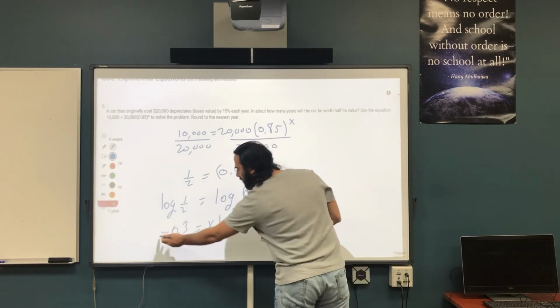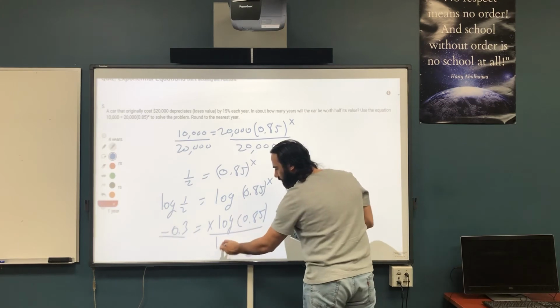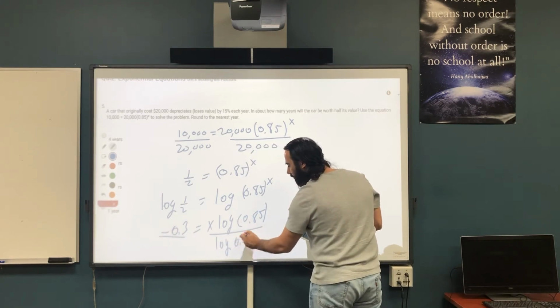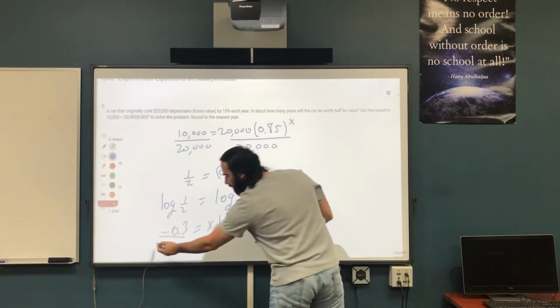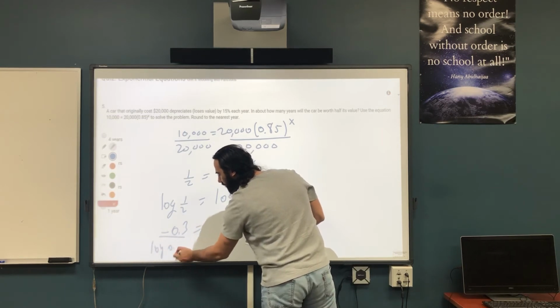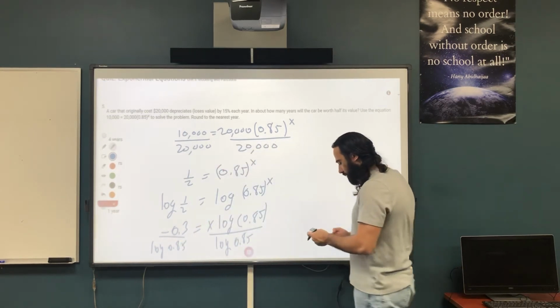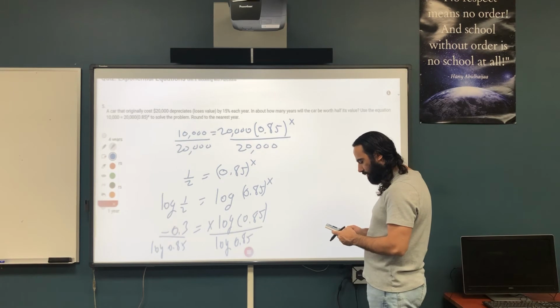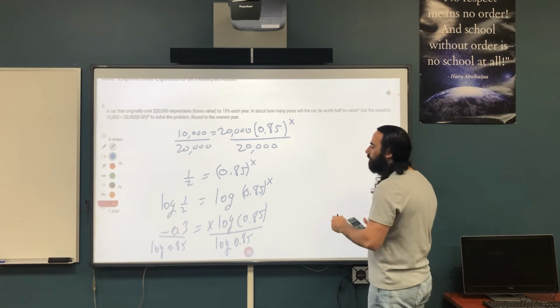Now we divide both sides by log 0.85, so we can isolate x. So it's going to be 4.2.